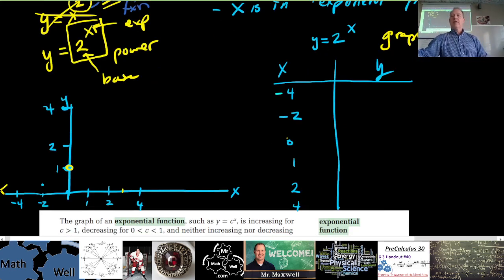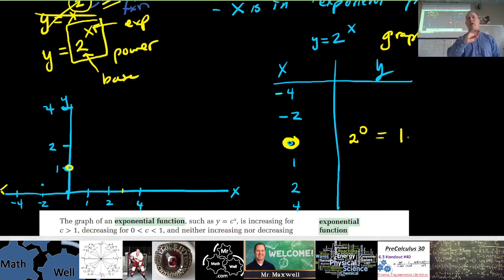The easiest one to figure out is 0, and I'll start there. I do have some input values here ranging from -4 to +4, but I'm going to start with x equals 0. Because when you have 2 to the power of 0, that is what? 1, yeah. Anything to the power of 0 is 1, unless the base is 0.